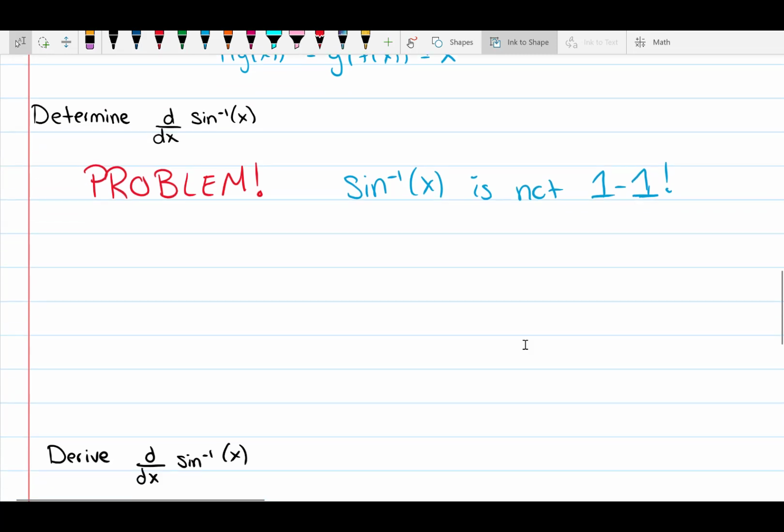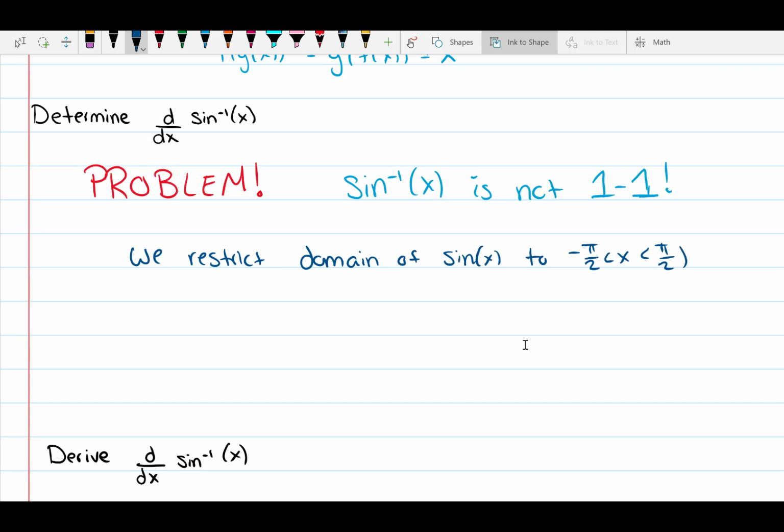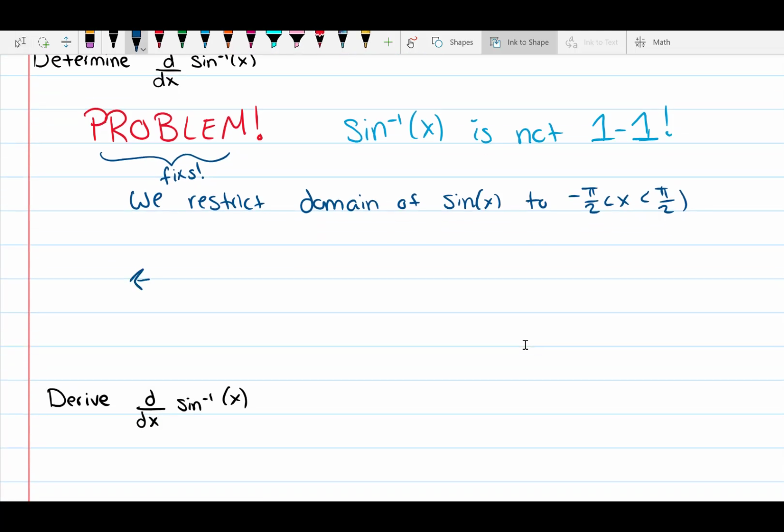So again, we're going to restrict the domain. This is how we go about fixing our problem. We restrict the domain of sine of x to negative pi over 2 to pi over 2, and this fixes it. Okay, so if I were to draw that on a graph, it would look something like this.